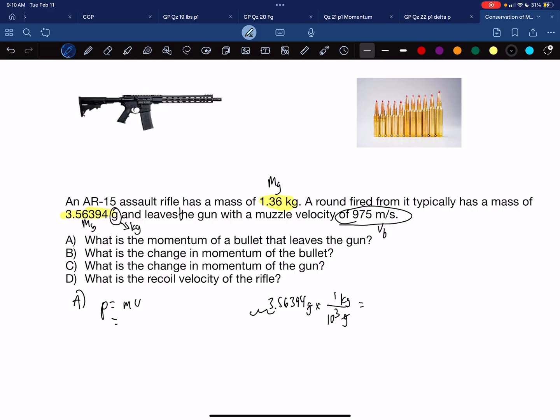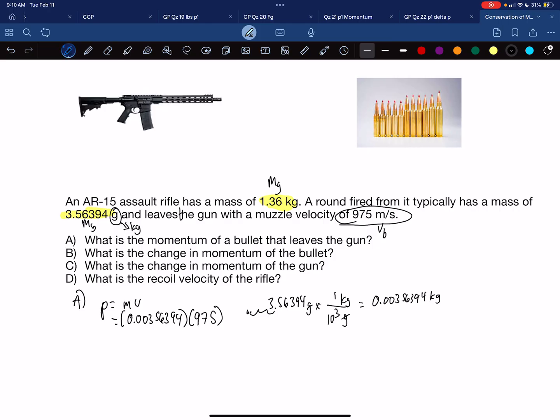So this is 0.0035639 kilograms, a very small mass, and it has a velocity of 975 meters per second.